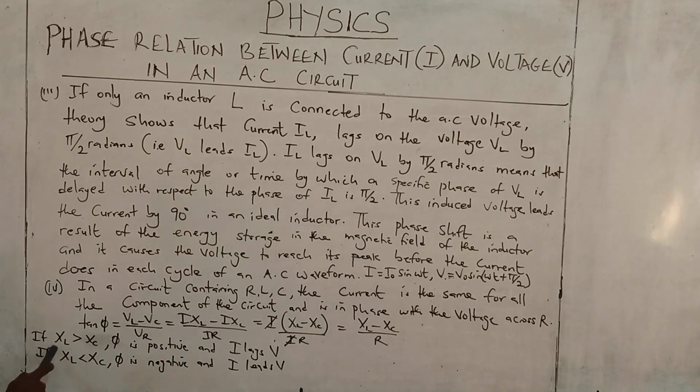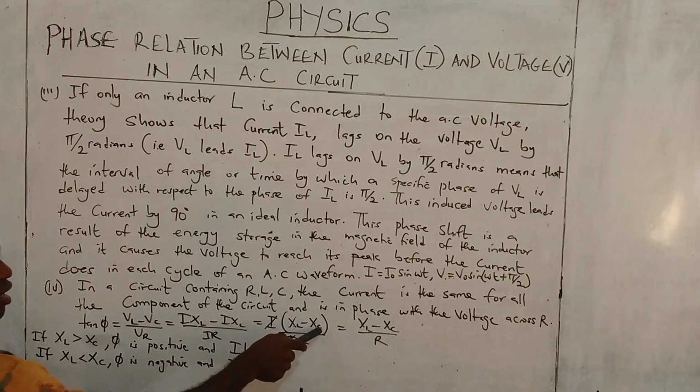Now, if XL is greater than XC, phi is positive. When you subtract, it gives you a positive value when XL is greater than XC, and I lags the voltage. I lags the voltage under an inductor. That is, voltage leads the current. Now, if XL is less than XC, the value will be negative, and current leads the voltage.